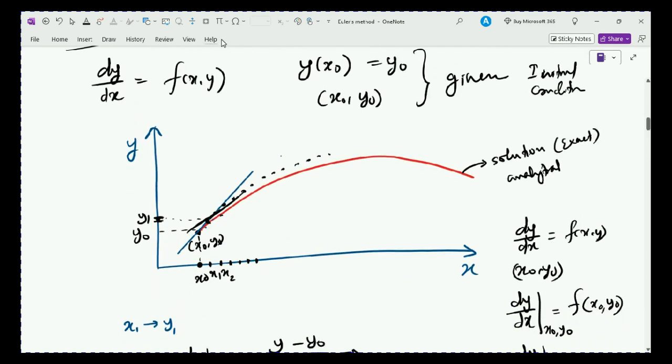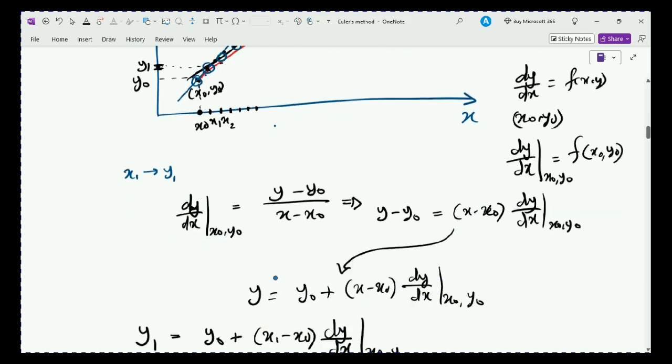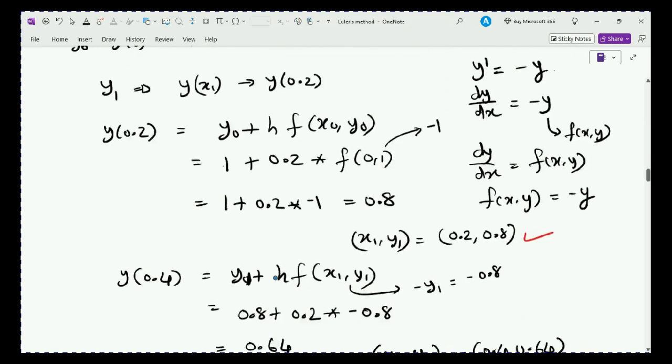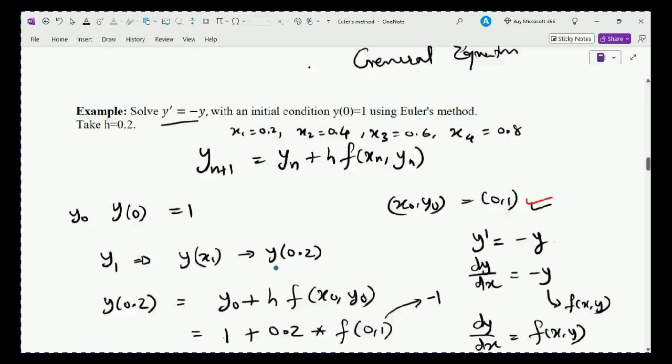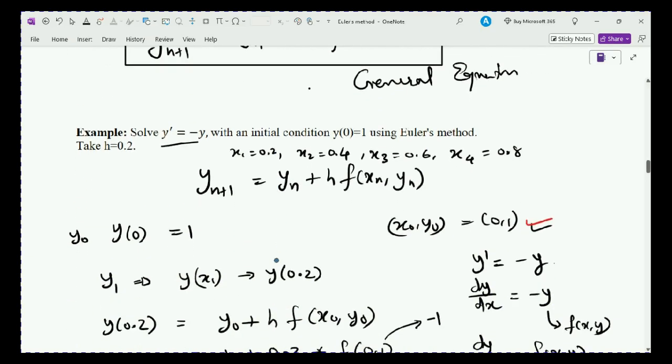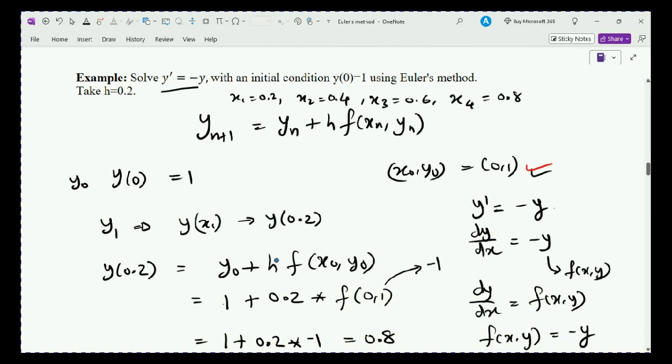We started with this, we got this, and this. Now we can draw the solution. We'll go to MATLAB for that, write a code for Euler's method, and plot it. Before that, let me go through the problem example once again.